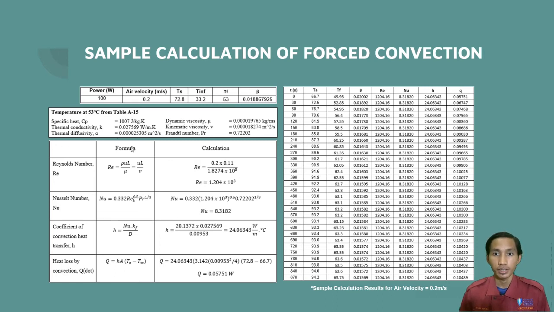And then we needed to use the formulas of Reynolds number, Nusselt number, and convection heat transfer coefficient in order to find the value of heat loss by convection. We substituted all the property values in this formula and recorded the results in this table. So these are the calculation results for velocity of 0.2 meter per second.